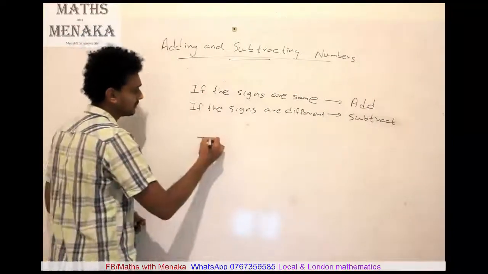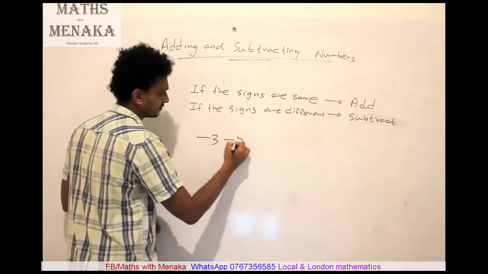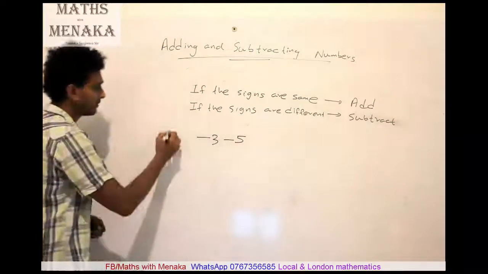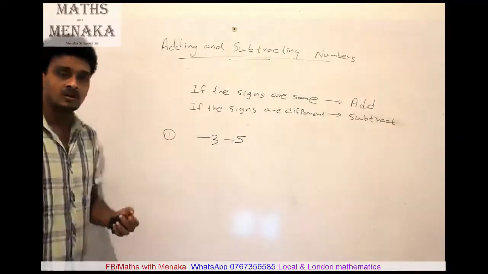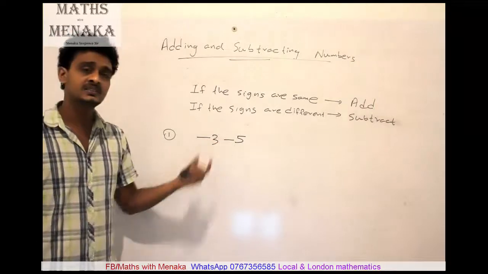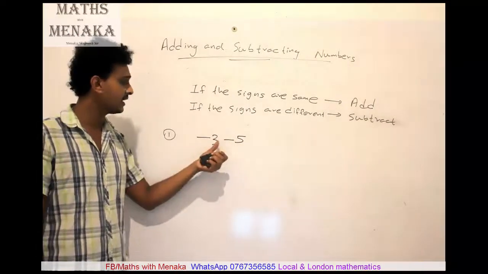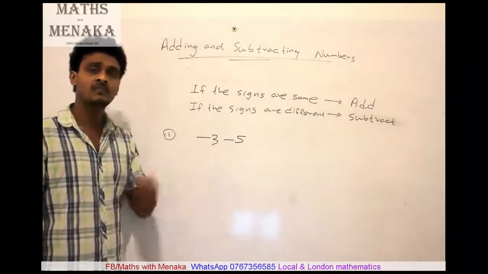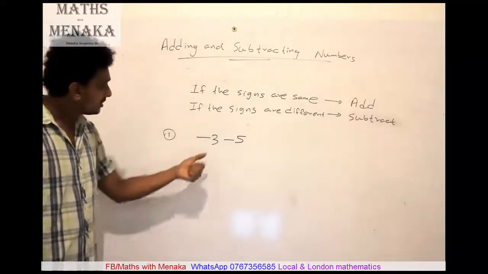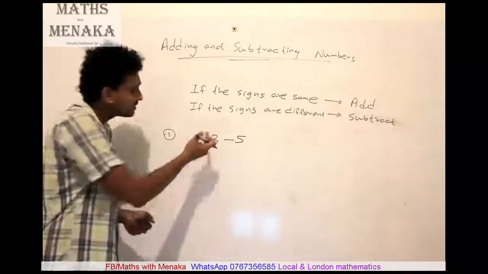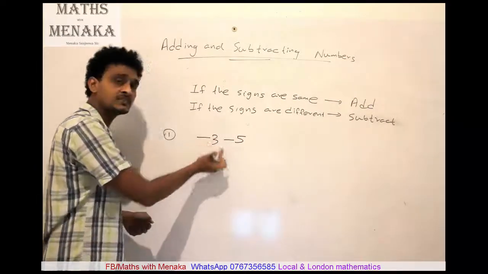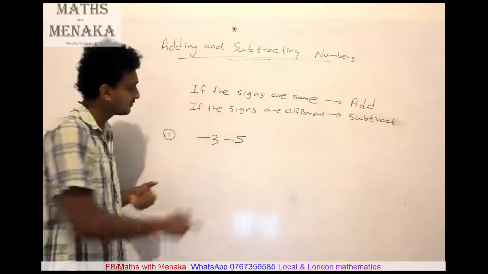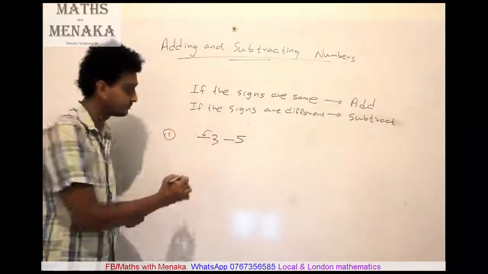Let's take one example. Look at example one. Look at the signs and the numbers here. What are the numbers? 3 and 5. The sign of a number is the sign in front of it. The sign of the 3 is negative.